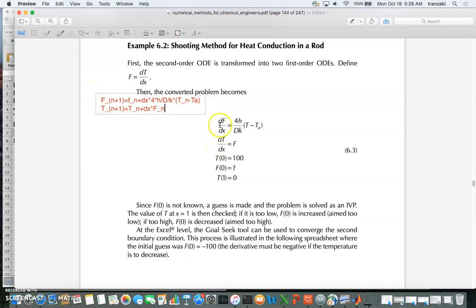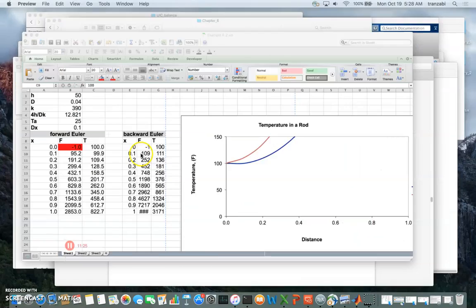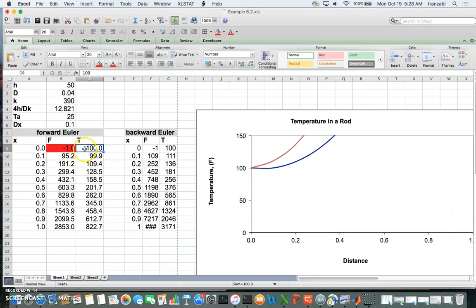So I have two equations for these two. I just convert them into forward Euler. I'm going to hard code these guys into my spreadsheet. Okay, the initial conditions, I have to put some numbers. This is an unknown, so I put -1 because I don't know what that is. The problem is not given. In the problem, this is not given. And initial temperature is 100.